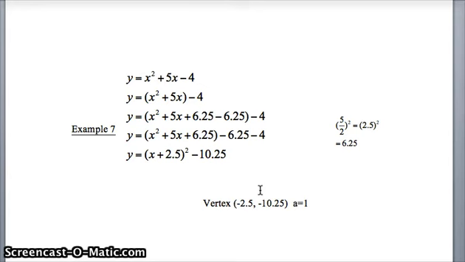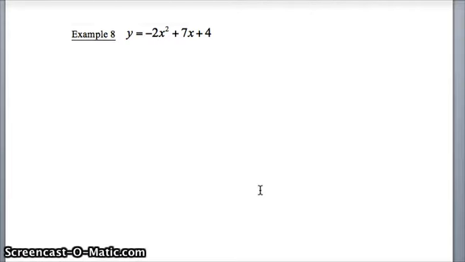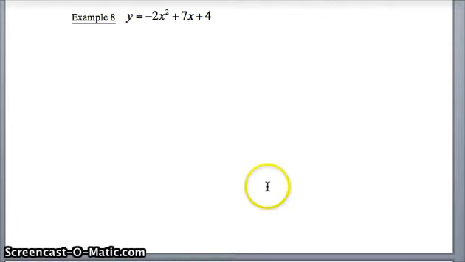So there's no flip, no stretch, no compression. All right, now I want you to try 2 more examples. Try example 8, pause it, and then press play when you're ready.